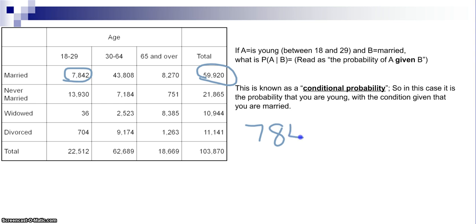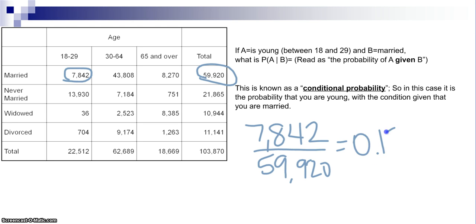So 7,842 over 59,920, that's going to be equal to 0.131. Okay, so the probability of being young, given that I'm already married, is 13%, or 0.131.